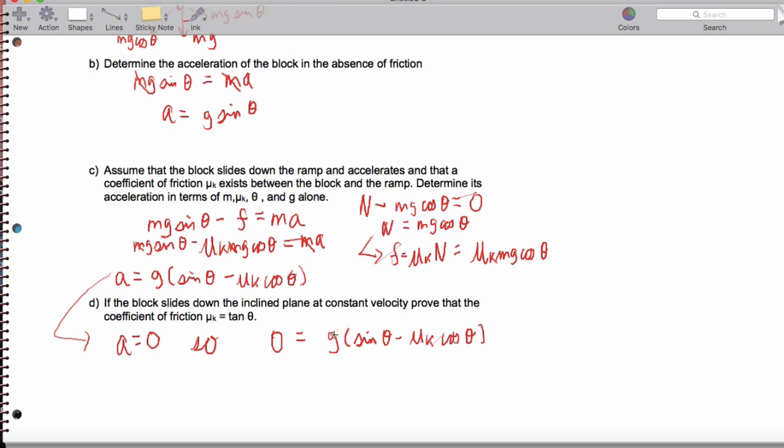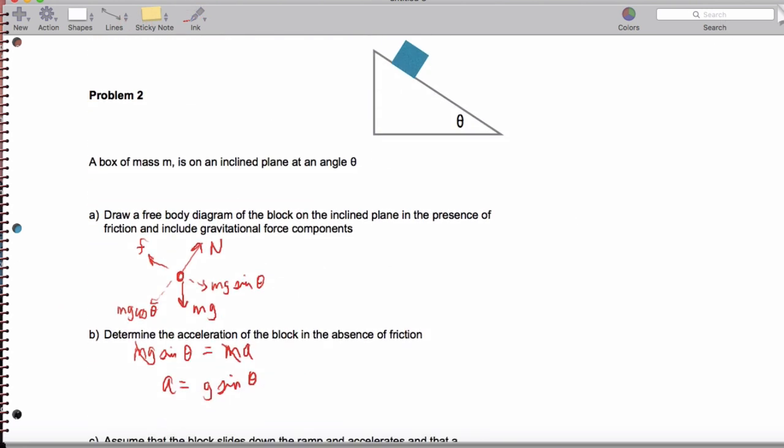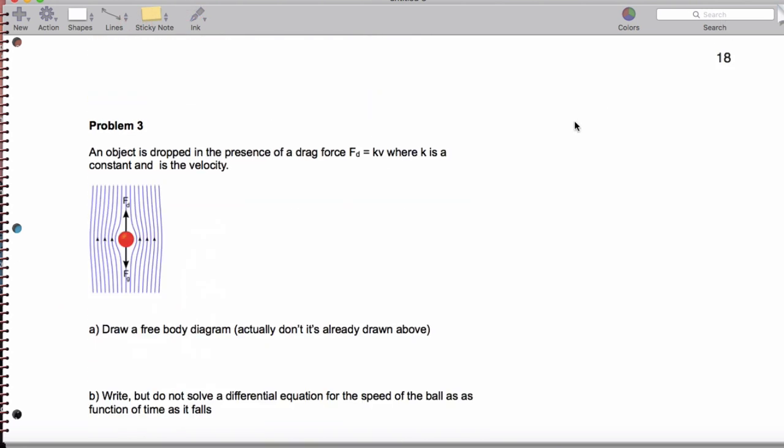I can actually divide out the g, so I'm going to get mu k cos theta equals sine theta. Or in other words, when I divide both sides by cosine, mu k equals the tangent of theta. All right, that's problem 2, and we'll take a look at problem 3 right now.